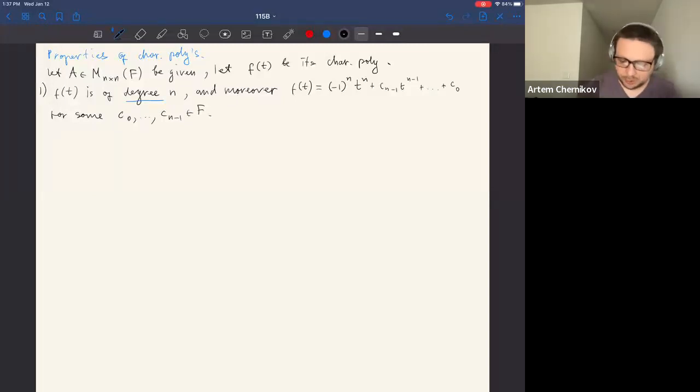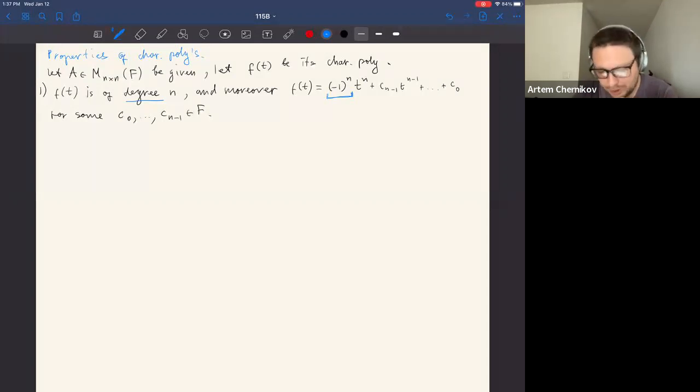Okay, so why do we say moreover here? The reason is that we have additional information about the first coefficient, the coefficient in front of the highest degree of the variable. We know that it is (-1)^n. The other coefficients we can't control a priori, they're just some scalars, but the highest order coefficient we know explicitly.